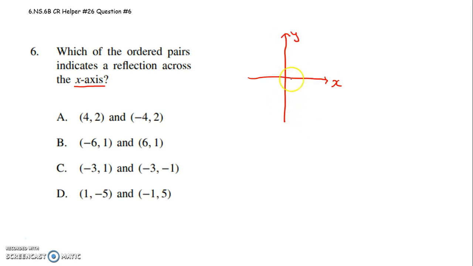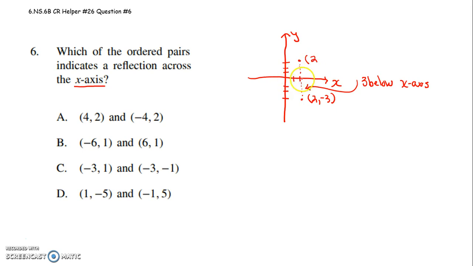I'm just going to make up a couple of points. Let's start with 2, -3. If we reflect it across the x-axis, if it's 3 units below the x-axis, then our reflection has to be 1, 2, 3 above the x-axis.